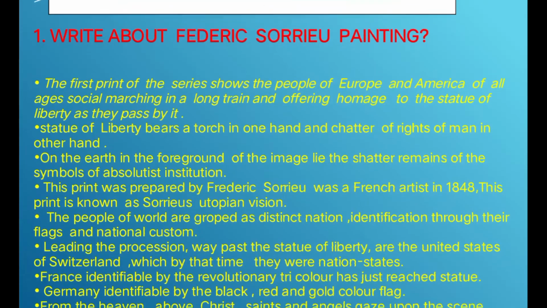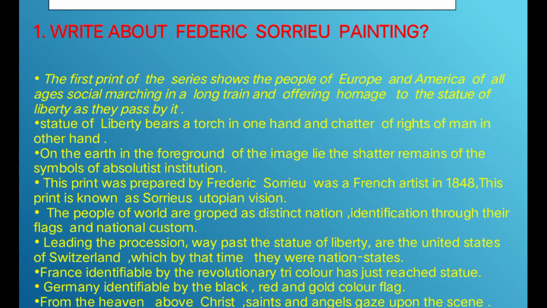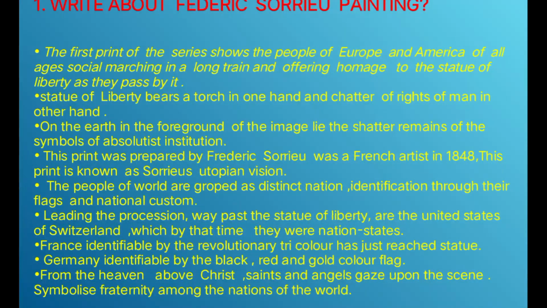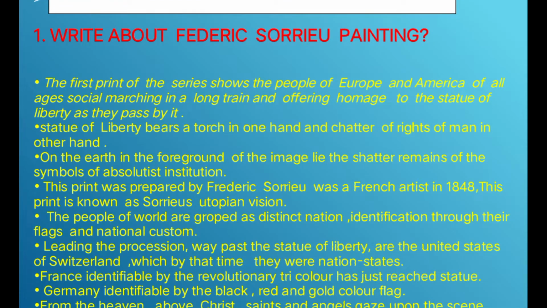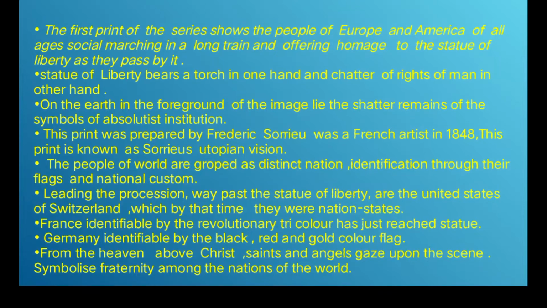On the earth, at the foot of the statue, we can see the shattered, broken remains of the symbol of absolutism, that is monarchy, and now people's rule will replace it.